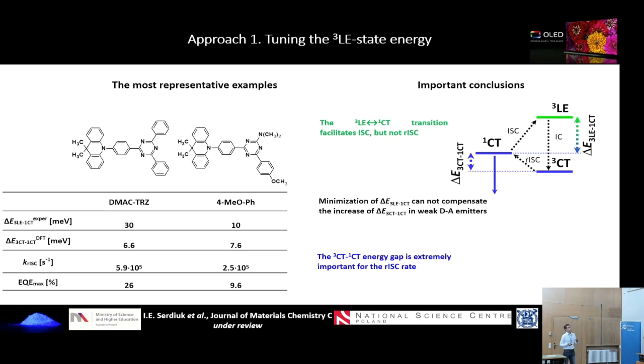The most important conclusions we had to draw from this are that in this group of materials, the blue emitters, the LE-CT transition facilitated the intersystem crossing rate, but we didn't see an increase of the reverse intersystem crossing rate.